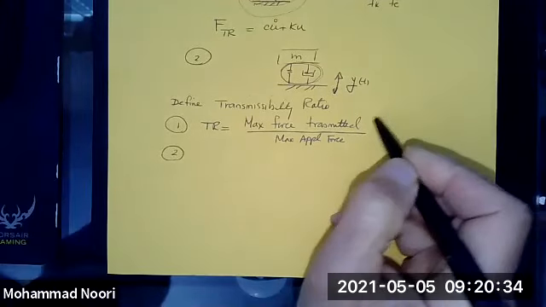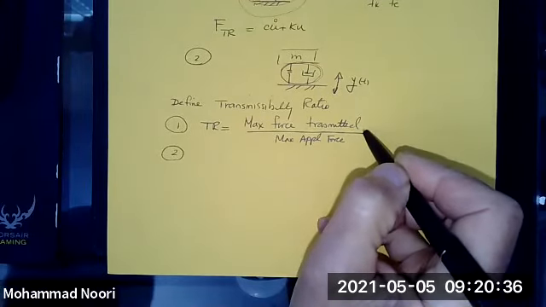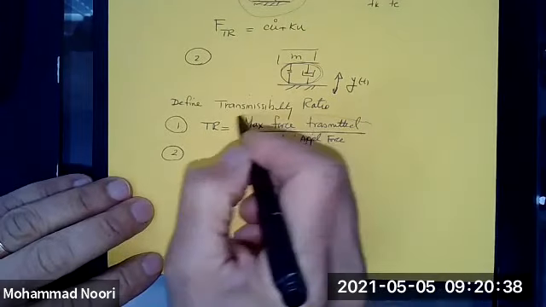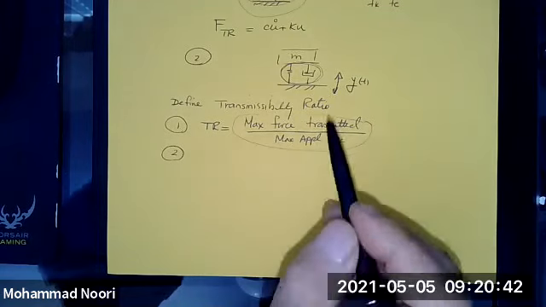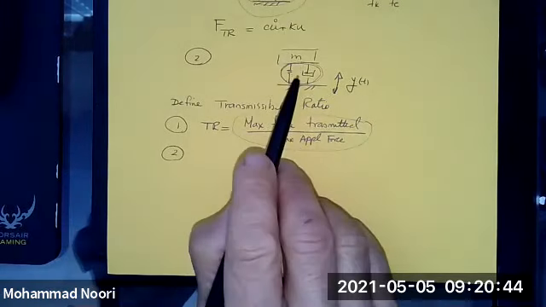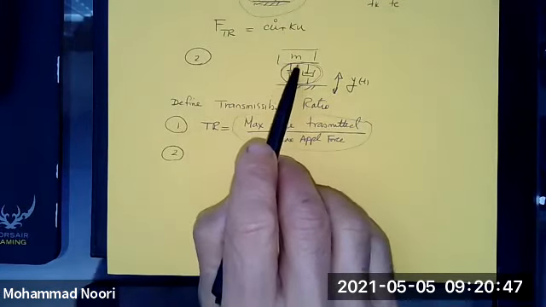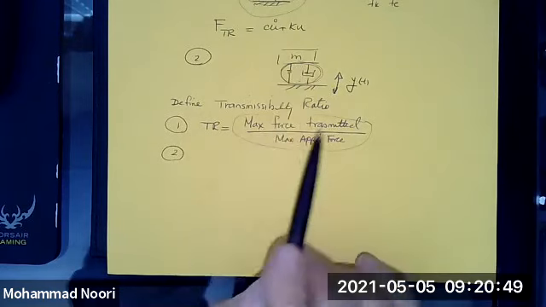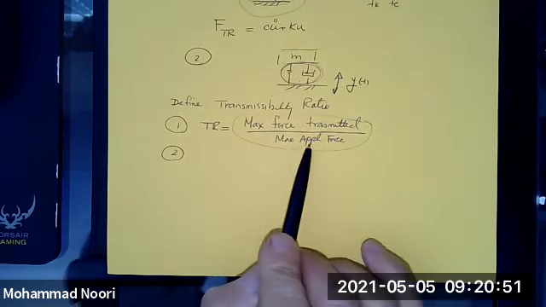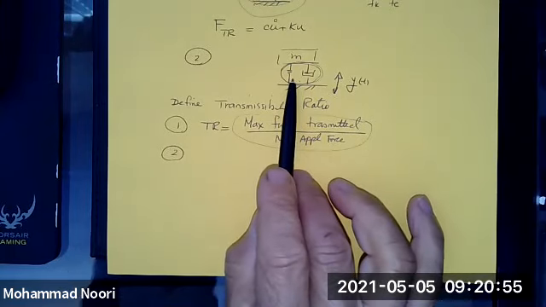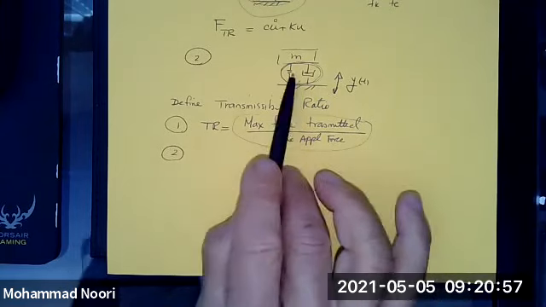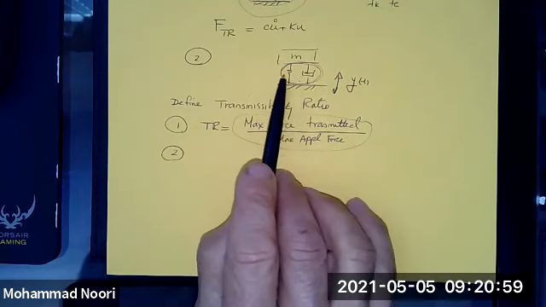So the goal is that we want to keep this as low as possible. Or in other words, we want to make sure that the maximum force that is transmitted to the base foundation compared with the maximum force that is applied is very, very little. So the foundation or the support structure is not damaged.